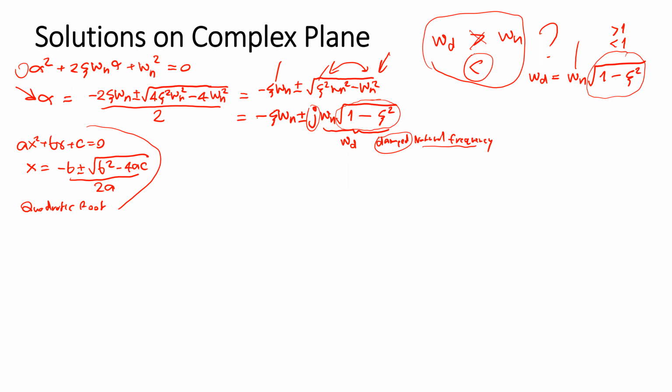You need to imagine if you have one system with only the spring and the mass, and you make it vibrate, it is going to vibrate with one frequency, omega n equal to square root k per m.